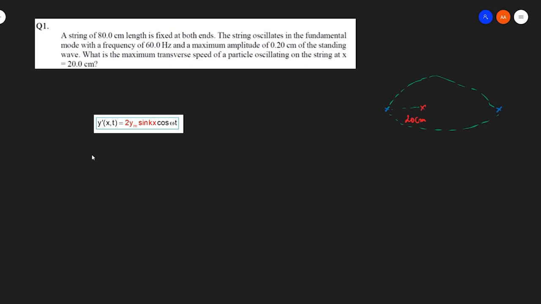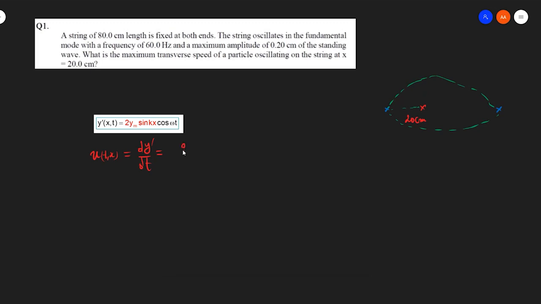If I want the velocity, which I will call u of x and t, it will be the derivative of this function over time, so dy prime over dt.